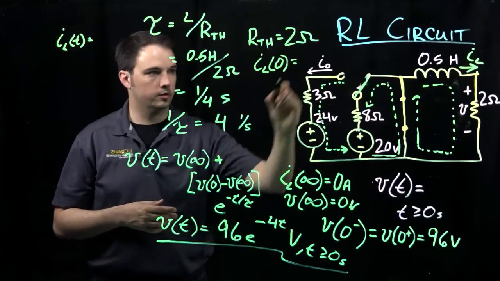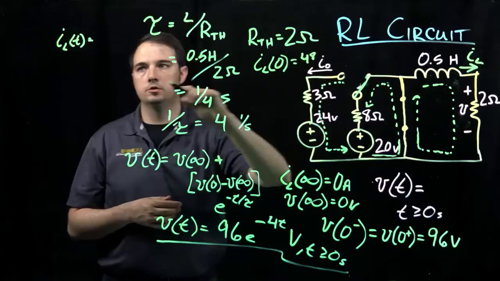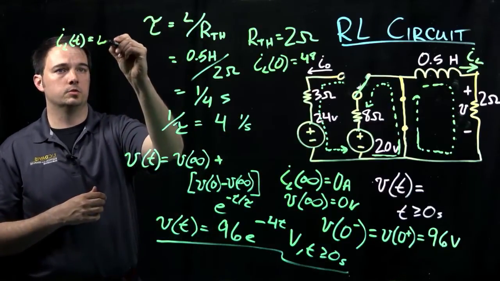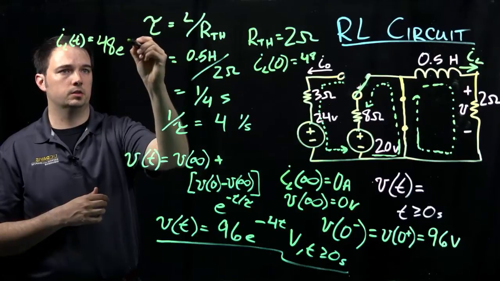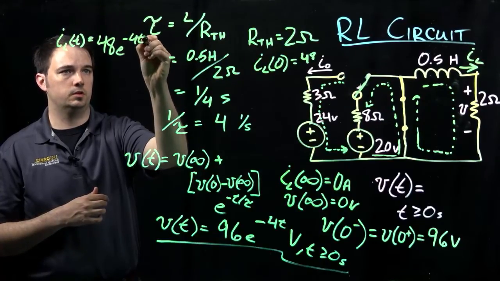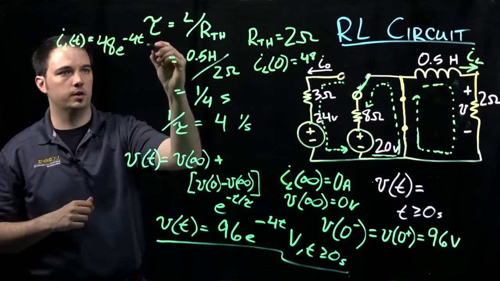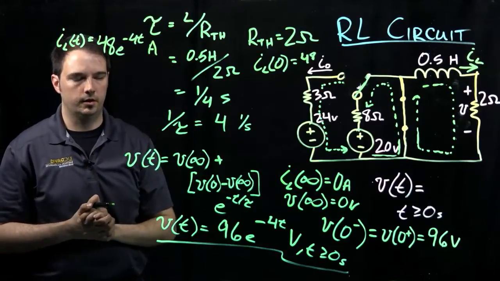This was a quantity of 48 amps. So if I wanted to write the equation for I_L as a function of time, this would simply be 48 exponential minus 4t. Again, time constant would be the same. The only thing that's different is the initial quantity. And of course, this is in amps.